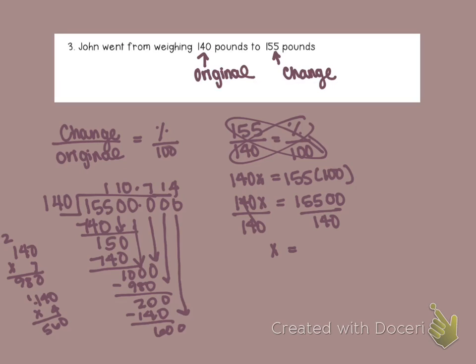Okay, so I got x is 110.714 for the answer, and that is finding your percent. So if I was rounding this to, let's say, the nearest tenth, it is 110.7%. So that would be subtracting from 100. That would be a 10.7% increase.